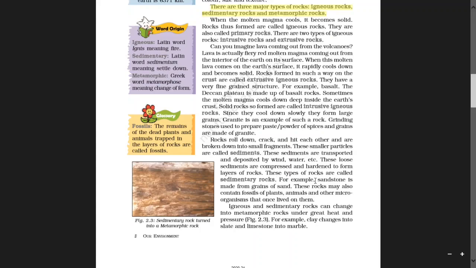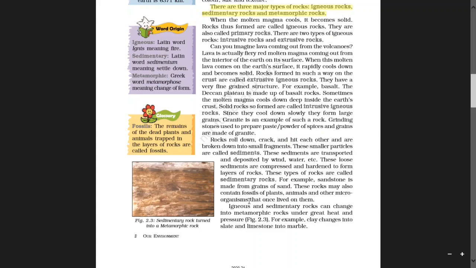For example, sandstone is made from grains of sand. These rocks may also contain fossils of plants, animals, and other microorganisms.